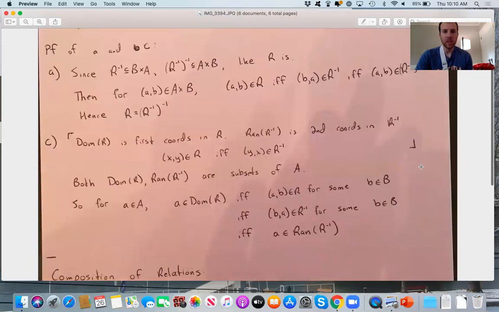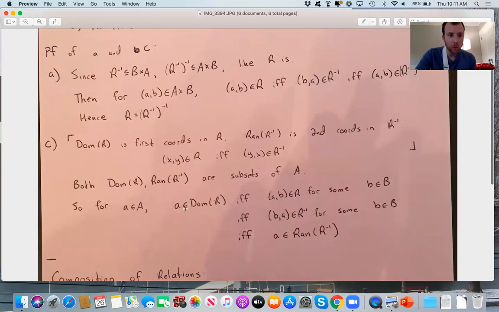So we can do the same kind of reasoning for part C, where the proof will be, again, a string of equivalences, but we'll actually talk a little bit more about what the scratch work is going to look like.